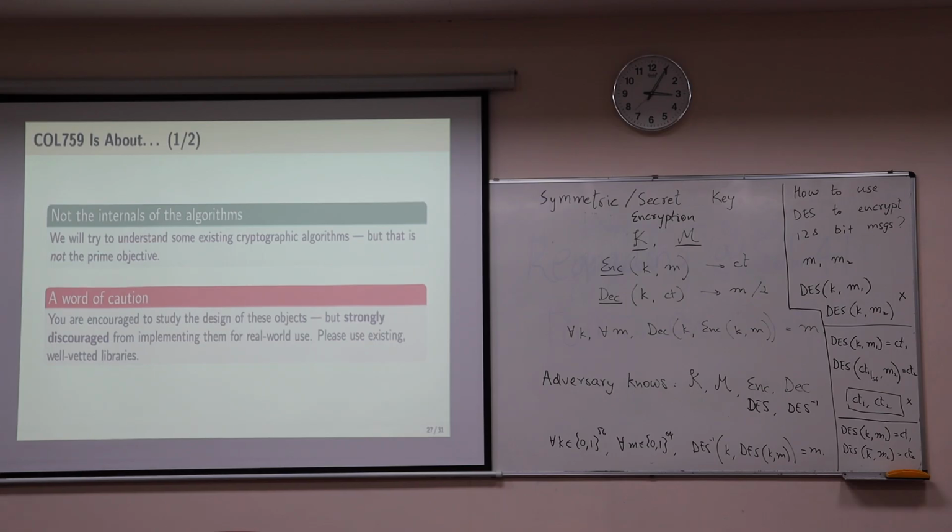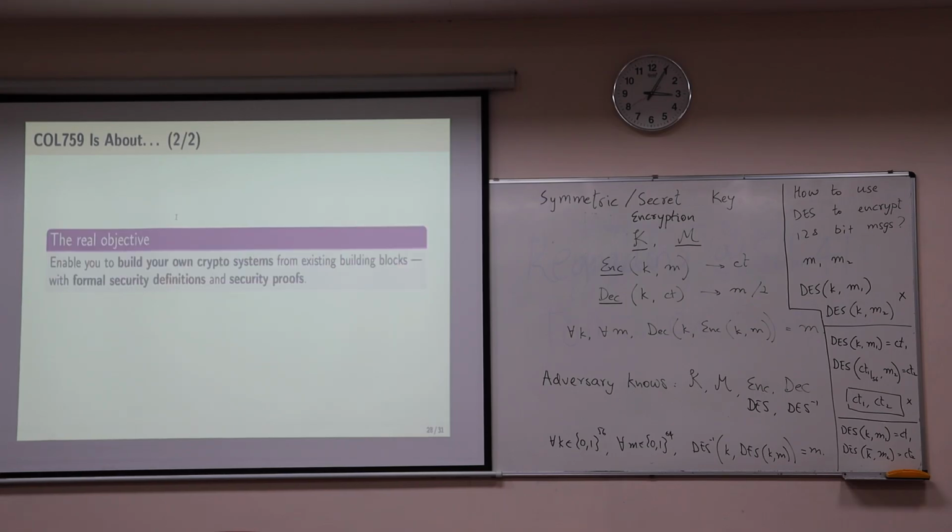So the real objective of this course is that I want you to be able to build your own crypto systems using existing crypto blocks. You should be able to come up with formal security definitions and security proofs. Now, what does it mean to come up with a formal security definition? This is a theoretical course.